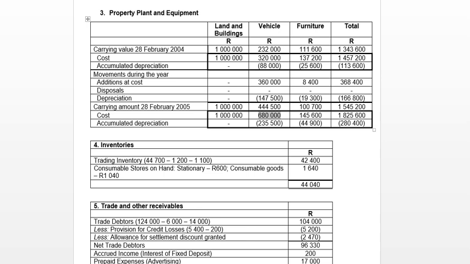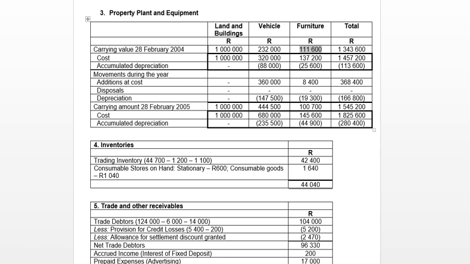The same with furniture. So if you do that, then you find that your furniture cost price at the beginning of the year is 137,200 Rand. Then to determine our carrying value, we're just going to say our cost price less our accumulated depreciation. So for vehicles, our carrying value at the beginning of the year is 232,000 Rand and for furniture is 111,600 Rand.